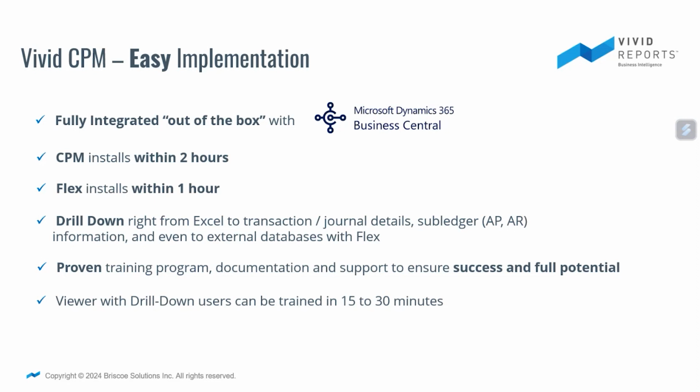By the end of our first training session, you may even be able to complete your first income statement within Vivid. We record all of our training sessions. We provide you with access to our portal. You can download those recordings, keep them on file, and watch them again if you forgot something. If you need to train someone new on Vivid Reports, those recordings are really valuable.